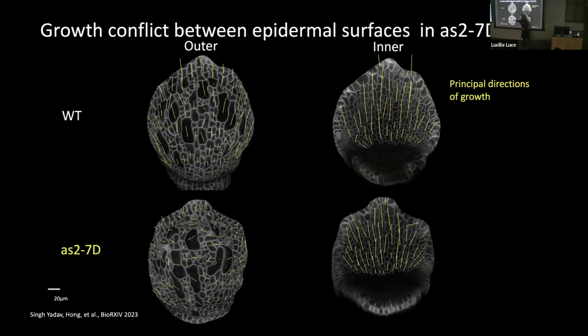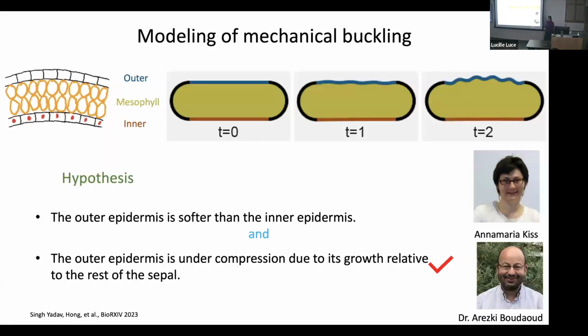It is overgrowth, but it's overgrowth in width. It's growing too wide. The inside is constrained. That's going to cause the buckling. So it fits with our model. It looks like the outer epidermis is under compression due to its growth relative to the rest of the sepal. We've also tested that the outer epidermis is softer than the inner epidermis and shown that that criterion also holds.